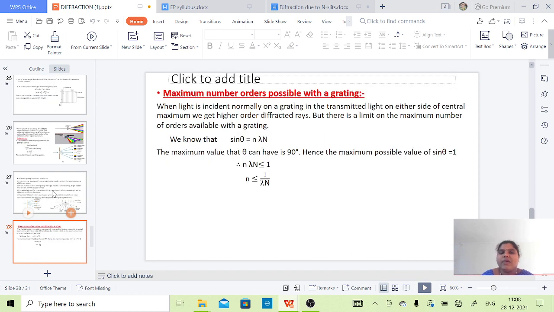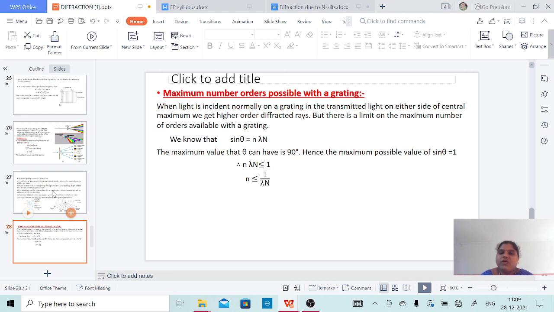Now let us see the maximum number of orders possible with a grating. When light is incident normally on a grating, in the transmitted light on either side of the central maxima we get higher order diffracted rays, but there is a limit on the maximum number of orders available. We have sin theta equals N n lambda.